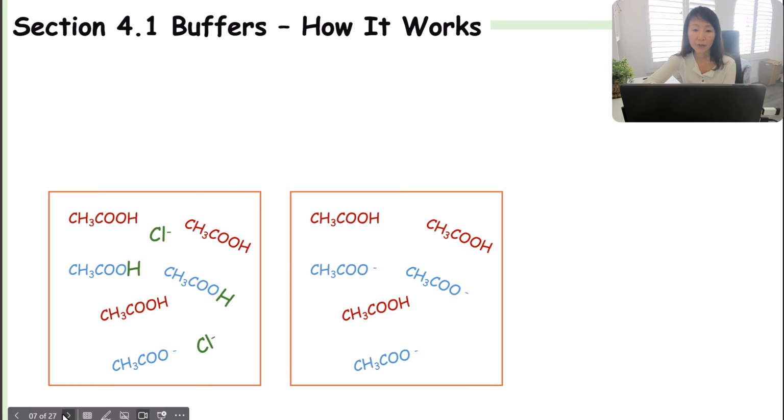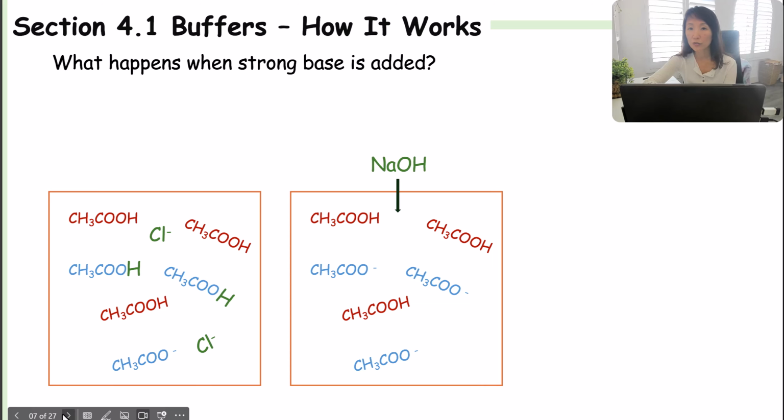Let me give you another example, but now with a strong base, such as sodium hydroxide. When sodium hydroxide is submerged in the solution, it will split into sodium and hydroxide minus. Now the hydroxide is going to want to receive a hydrogen from its surroundings, and it's going to target this one. The acetic acid is going to donate it to the hydroxide to form water.